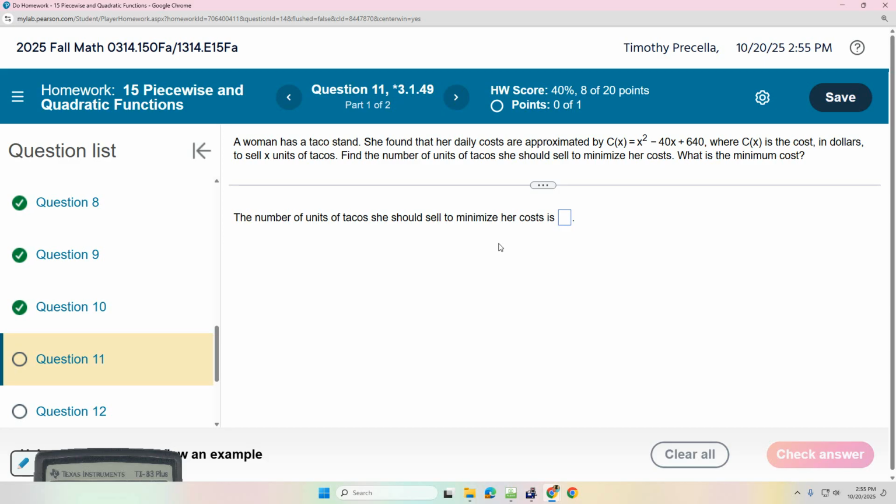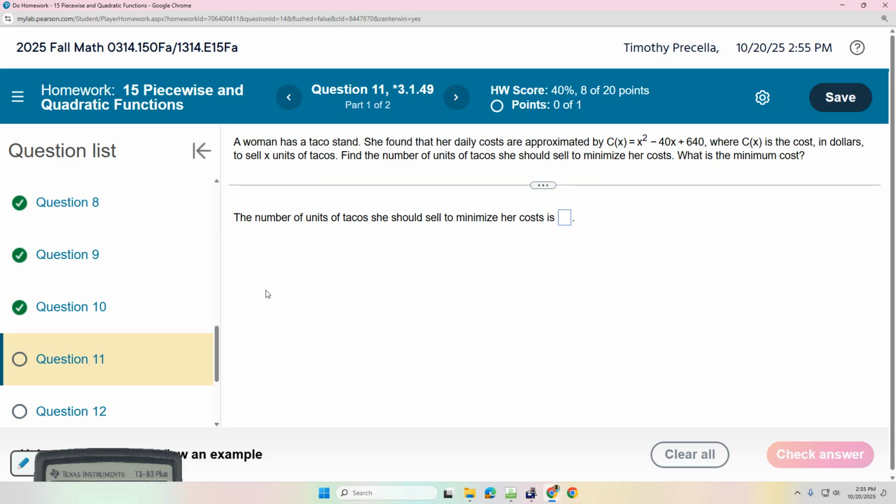Let me write that function down first. This is number 11. C of x is equal to x squared minus 40x plus 640. And they're asking us to find the minimum. Okay, switch to my paper. x is the number of units of tacos.